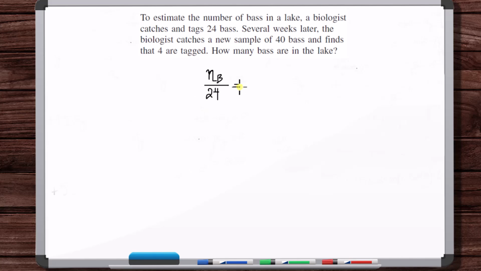The idea is this ratio is K. Let me say K just to illustrate this for you. So when she catches a random sample of 40 bass and finds 4 tagged, it's going to be that same ratio. You see?